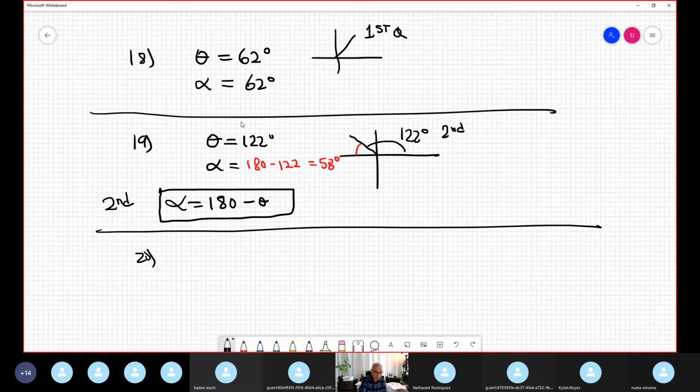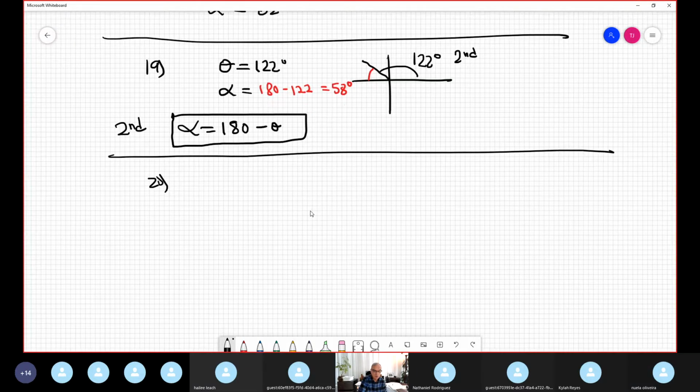Thank you. 20. 20 is confusing. No, this is not too easy. Theta is equal to 379 degrees. Boom. Entonces, this angle, I immediately see gets bigger than 360. Entonces, one revolution. More than one revolution. But how much more?